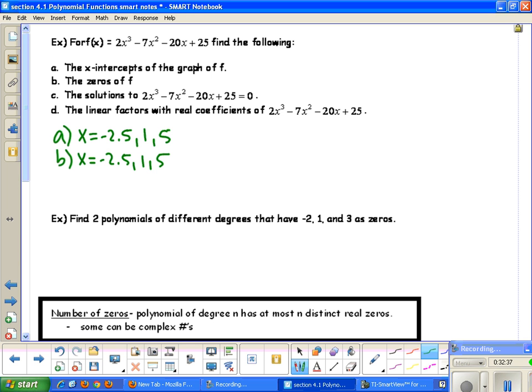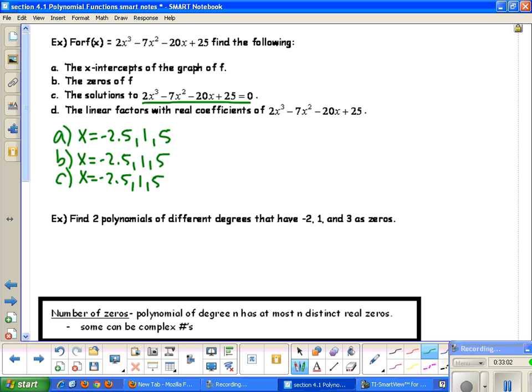The solutions to the equation, when you solve this, are the same thing, because that is what happens when you plug those numbers in. You get 0 for a remainder. Thus, we know that they're going to be the solutions to your equation. Sometimes they're called the roots instead of the zeros. And that means x equals negative 2.5, 1, and 5.